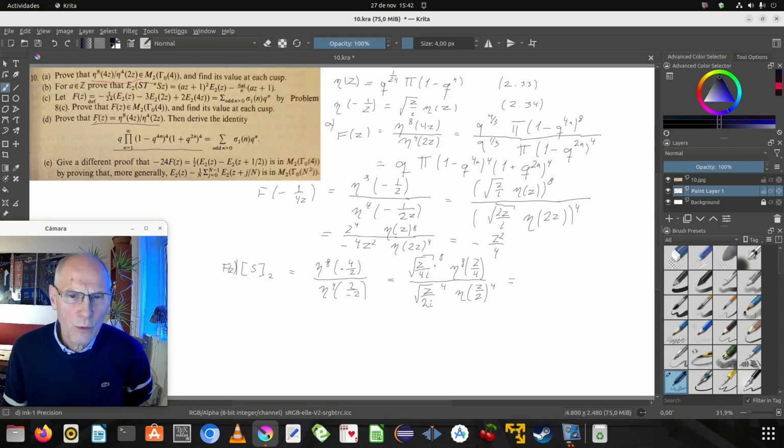This is very weird. It's z to the 4th divided by z squared. 2 to 4th divided by 4 to 8th. That gives like 2 to 24th in the denominator.